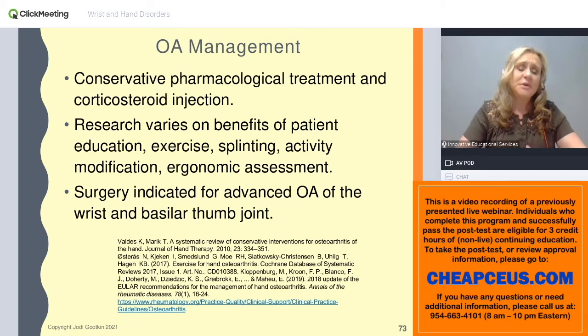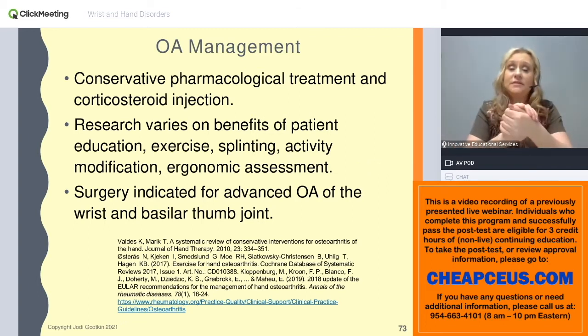I looked to the European League Against Rheumatism that puts out osteoarthritis guidelines, and I was able to find their suggestion that conservative pharmacologic management, we now see that there are topical anti-inflammatories that might be providing some relief for individuals, a focus on patient education, exercise.